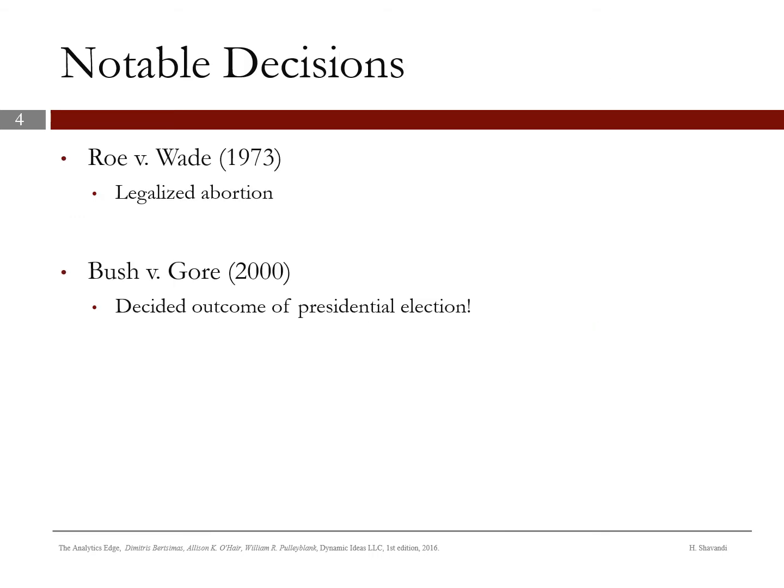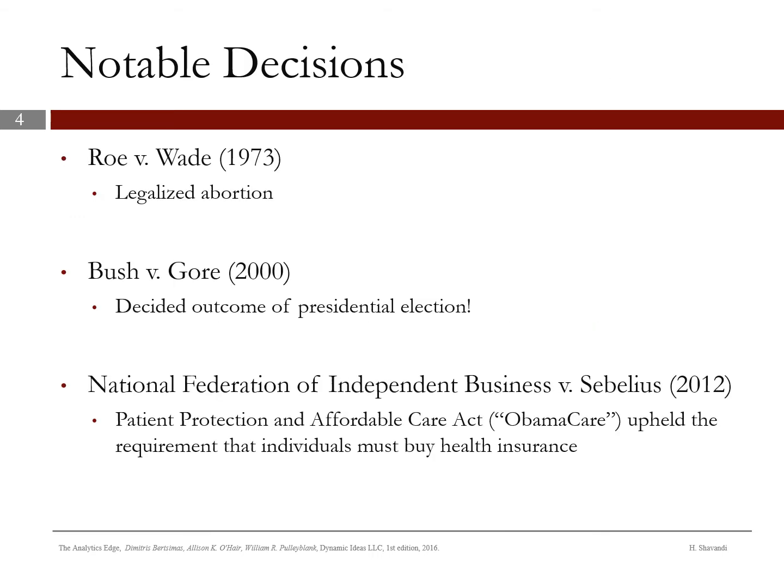If we want to mention some of the notable decisions made by the Supreme Court, the first one could be Roe versus Wade in 1973. The Supreme Court decided to legalize abortion, which prompted a national debate that continues today, and we still see debates in the US about the legalization of abortion. The second one could be the case of Bush versus Gore in 2000.